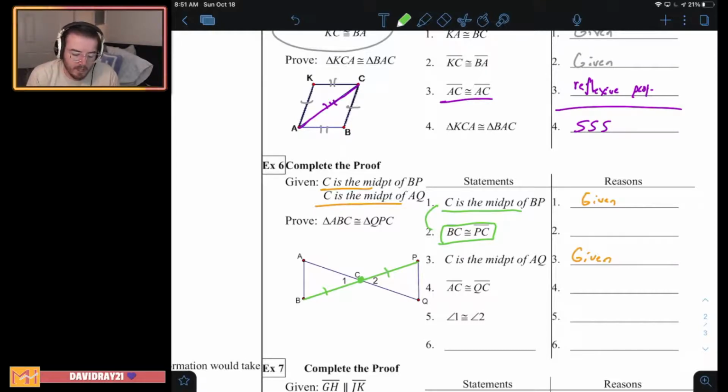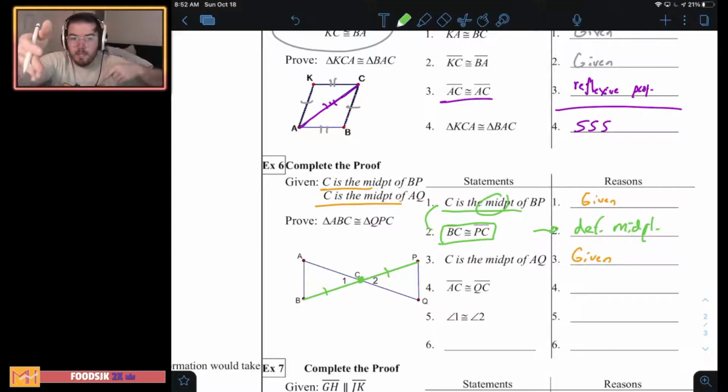So how did we know that? Well, because that's what midpoint means, right? So what do you think I should write here? That's what the word midpoint means. I just know what the word means, and so do you. You're using that word's definition. That's the definition of a midpoint. We're not trying to overcomplicate things here.